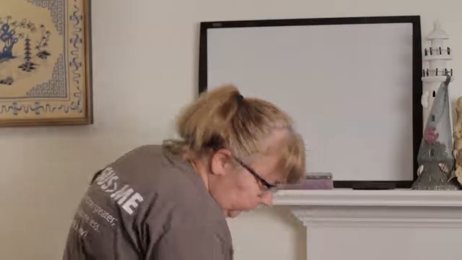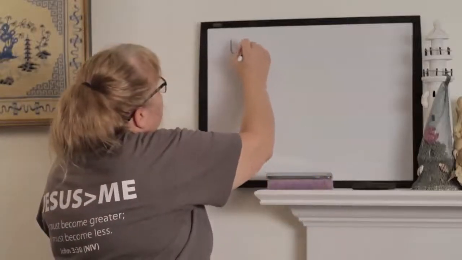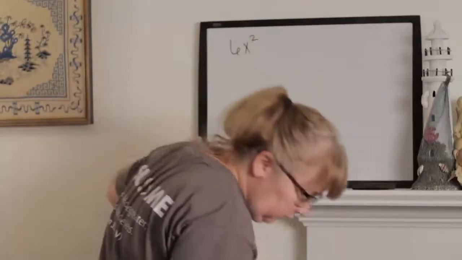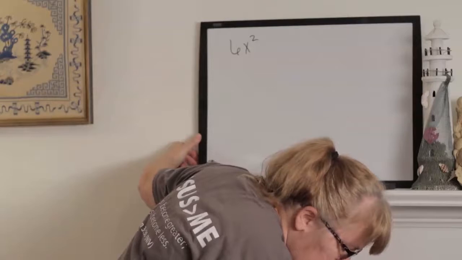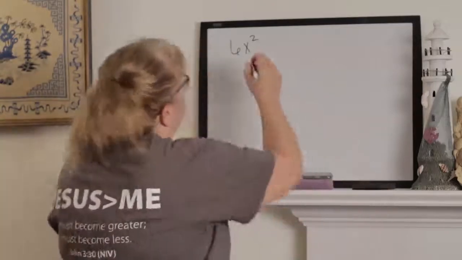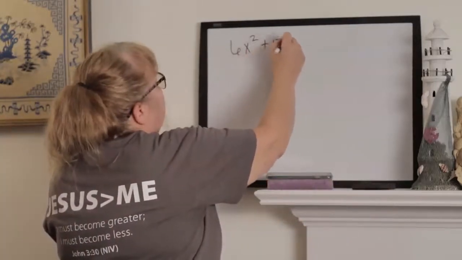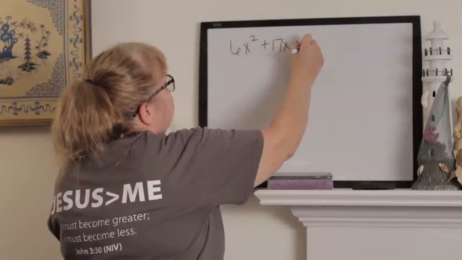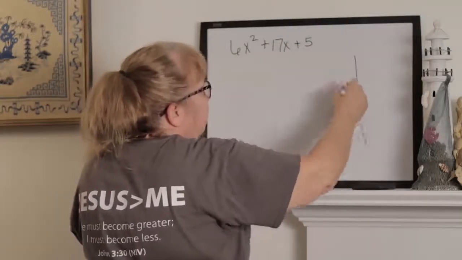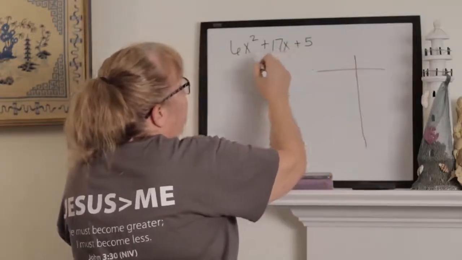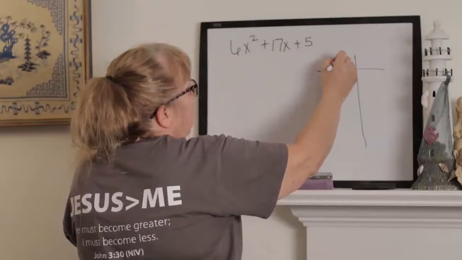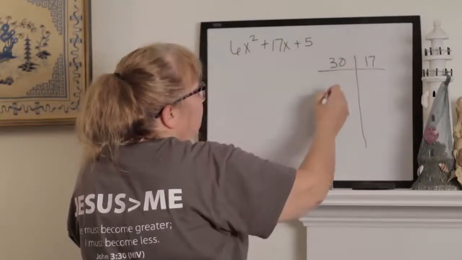So let's do 6x squared plus 17x plus 5. Again, let's go ahead and just multiply a times c, and we get 30. Our b is 17.